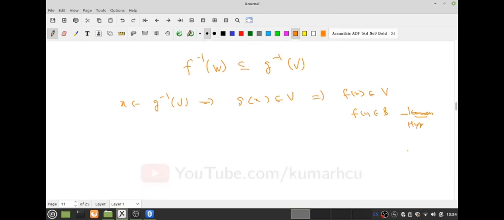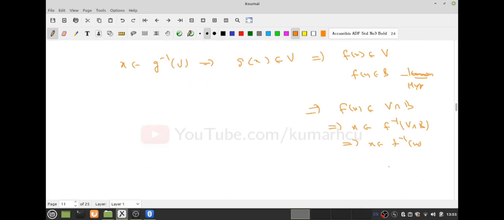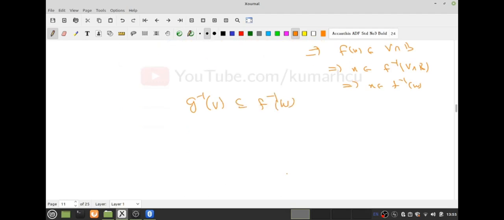Therefore this implies f(x) belongs to v intersection B. But that means x belongs to f inverse of v intersection B, which is x belongs to f inverse of w. So I have proved g inverse of v is a subset of f inverse of w. Therefore, we have proved f inverse of w is nothing other than g inverse of v.